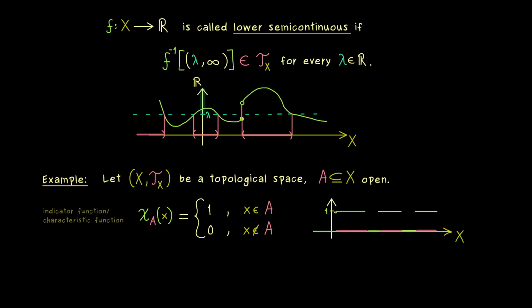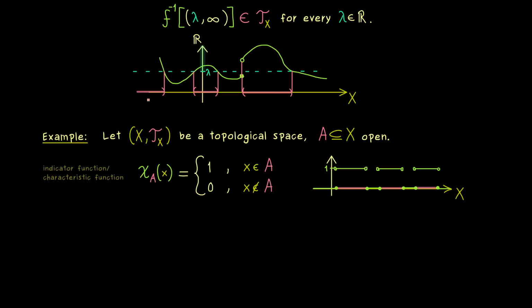And now since A is open, we should assume that the jump points are on the lower level. Of course, this is just our visualization here, because we actually have to show that our characteristic function chi A is lower semi-continuous. So by definition, we have to look at the pre-images like before. And since the function only has two values involved, this is actually quite easy.